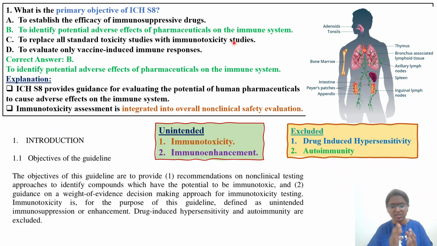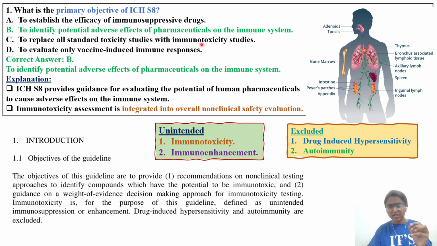So if you are developing an anti-lipidemic drug or antihypertensive drug, you ask whether my investigational drug is going to affect the immune system, whether it is going to tweak the immune cells, the T receptor cells, T helper cells. It should not trigger the immune system. It should not cause either immunoenhancement or immunosuppression, or immunotoxicity. That is a major thing: to identify the potential adverse effects of pharmaceuticals on the immune system.